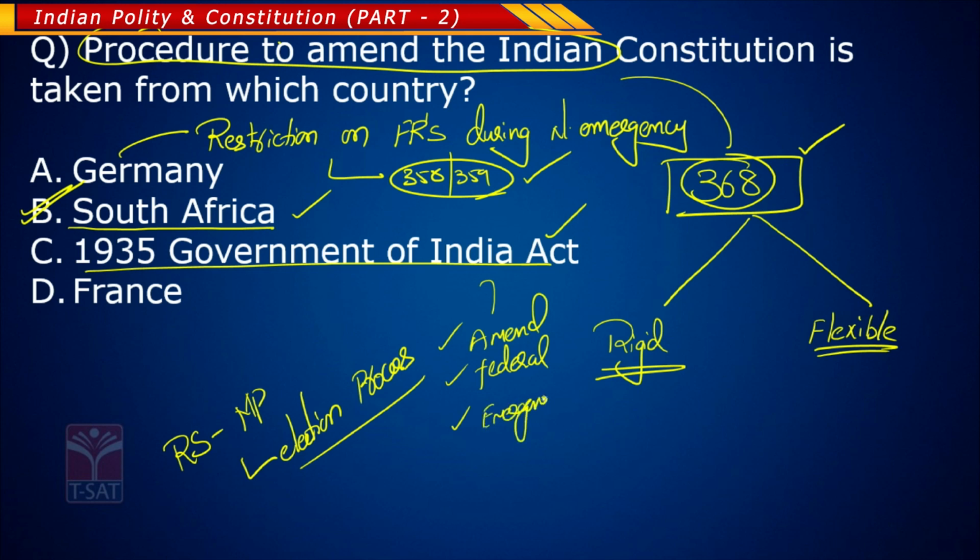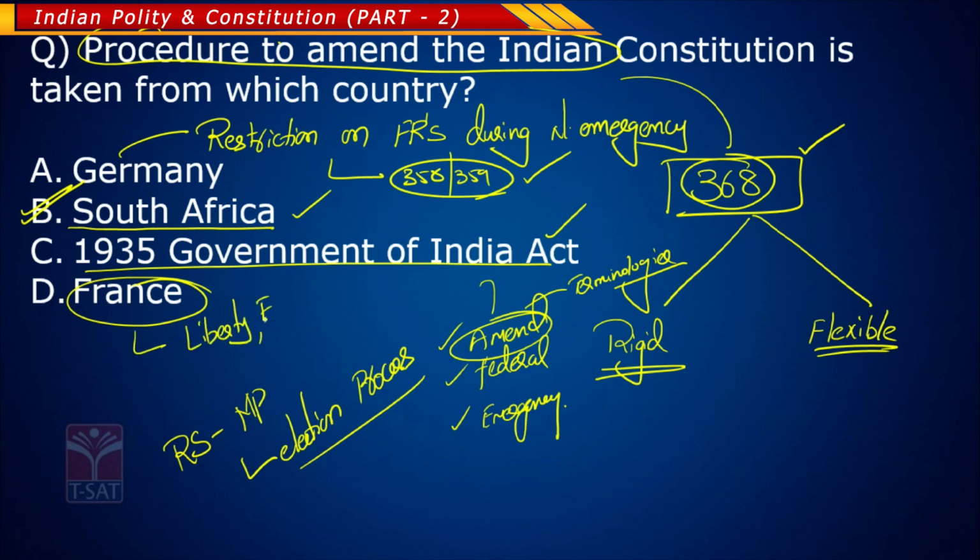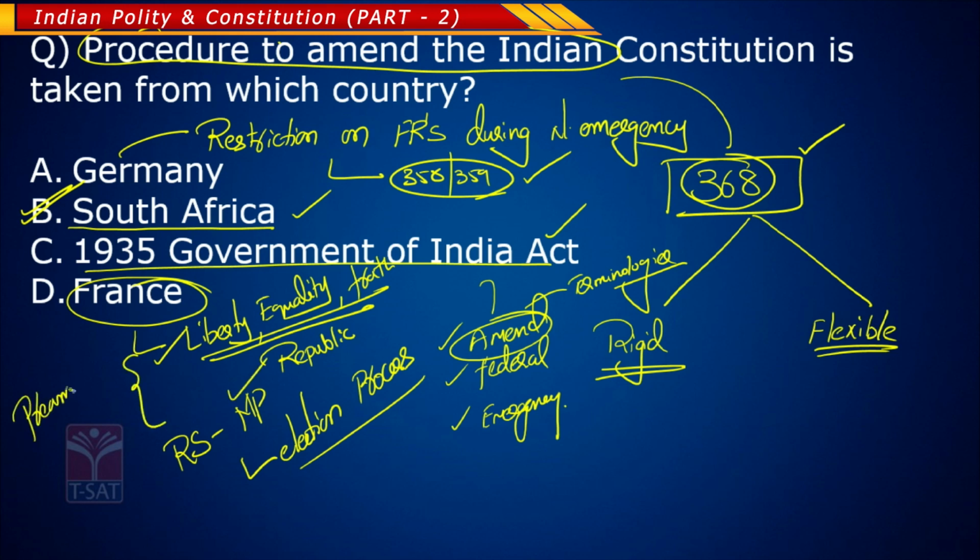I am talking about legal words and terminologies. France: we have taken two things from France, the concept of liberty, equality and fraternity, brotherhood, as well as the concept of republic. These are taken into the Indian preamble.